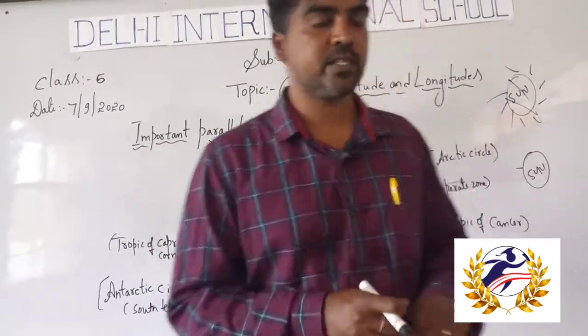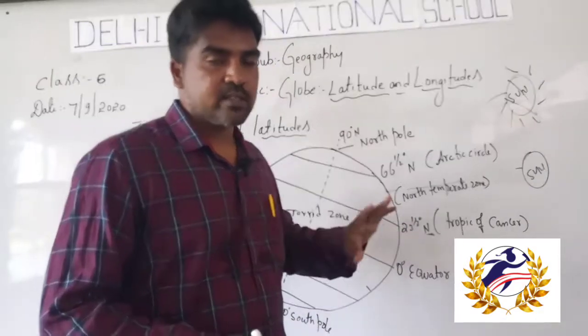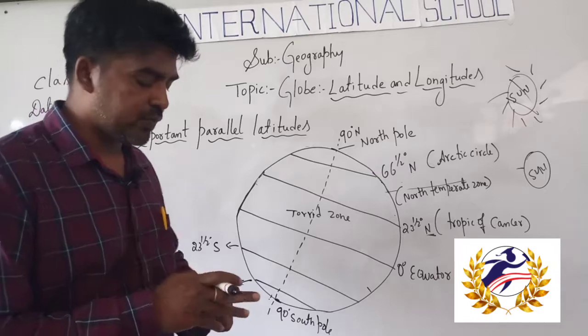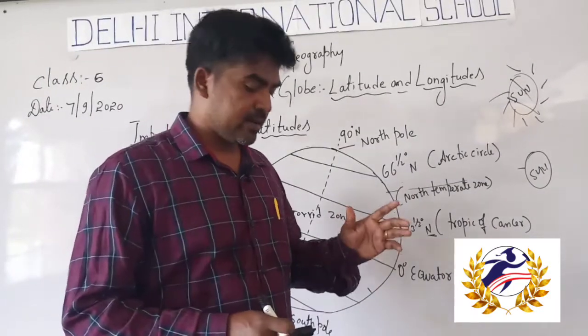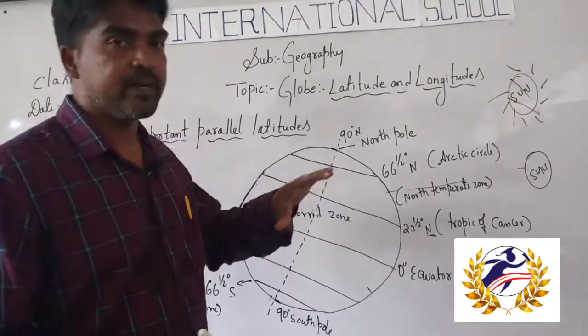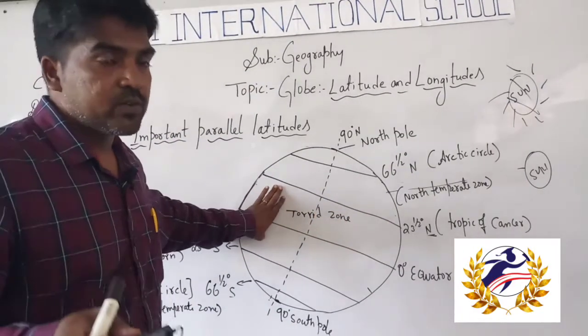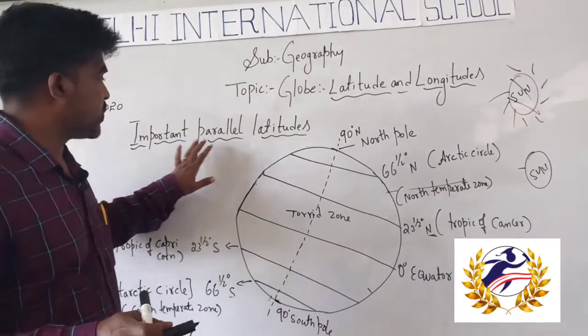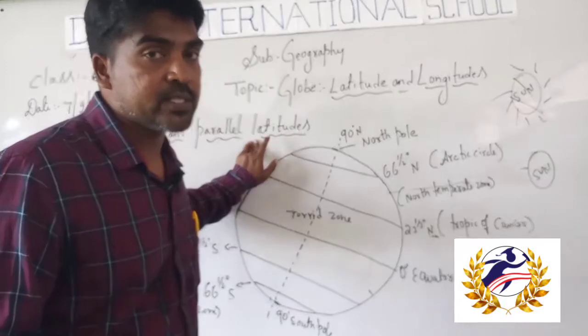Before that, knowing the heat zones is compulsory. If we understand this concept, we can easily understand the next concept, the revolution and rotation of the earth. To know the heat zones, it is important to learn the parallel latitudes.